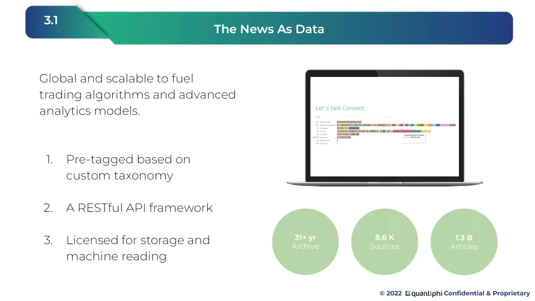They made the corpus available through a RESTful API for us. Some of the numbers: the data they had collected was 30 plus years, almost 10,000 sources of data, and close to over 1 billion articles that they had published.